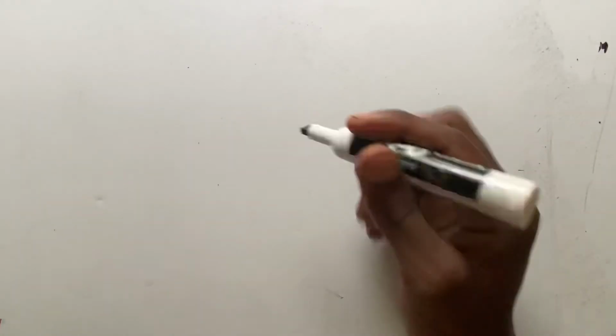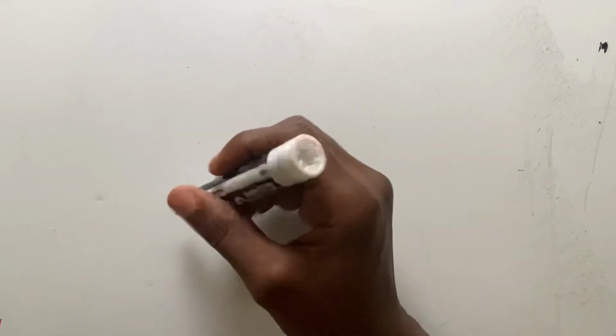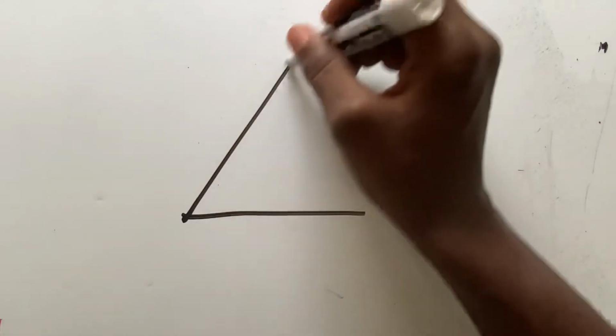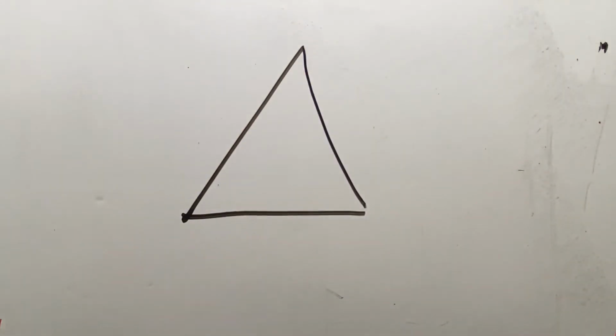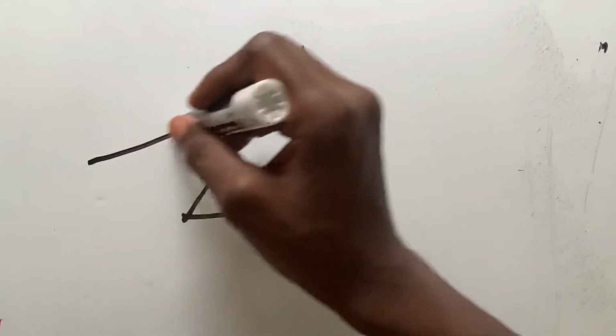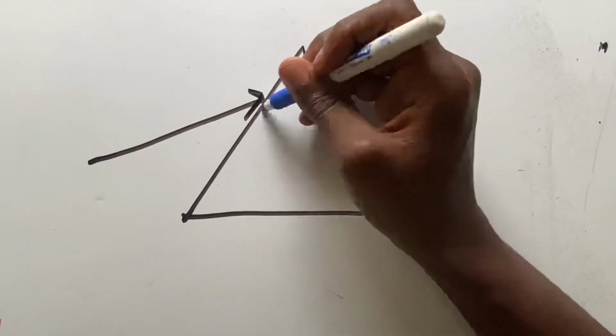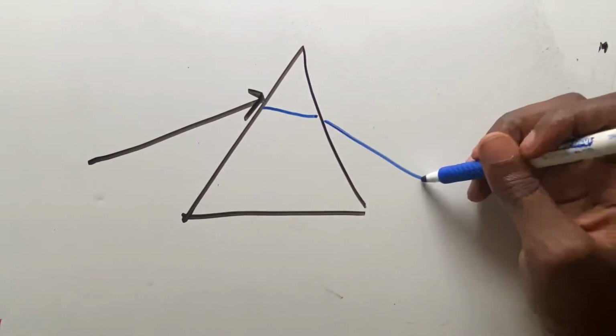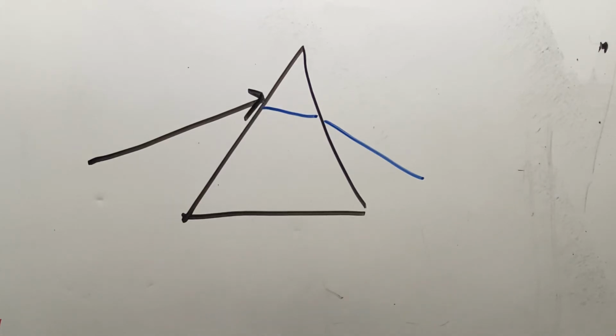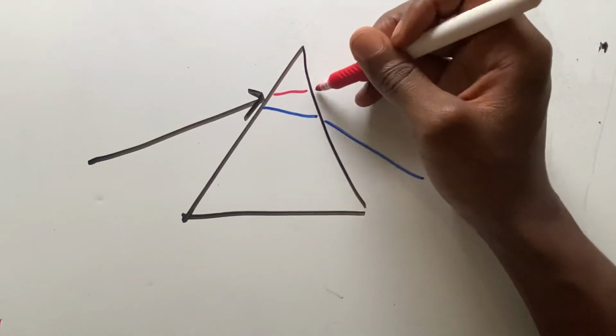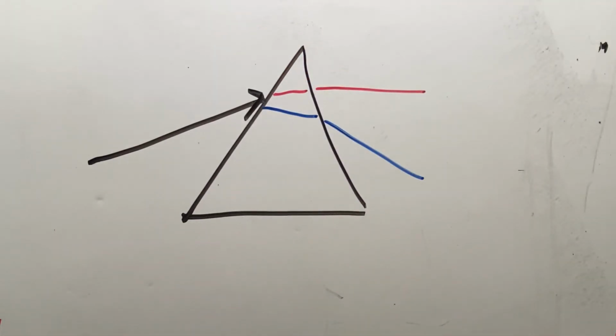Let me quickly go over the prism. So we've all seen pictures of some triangle like this that has some light going in, and then it has all kinds of colors coming out, and all the other colors in between.